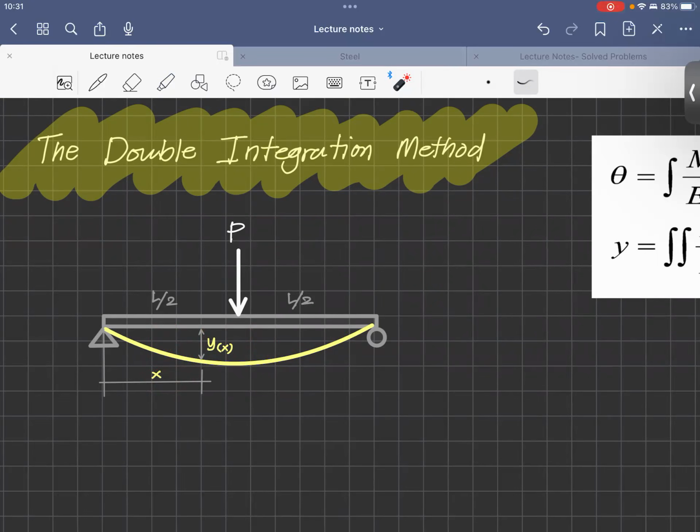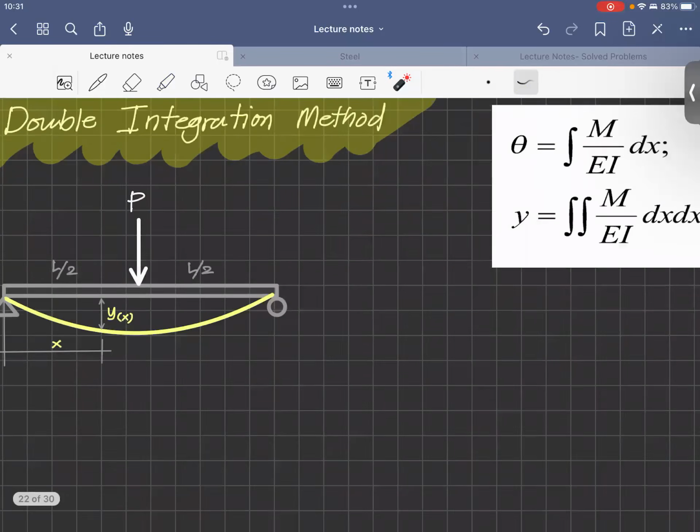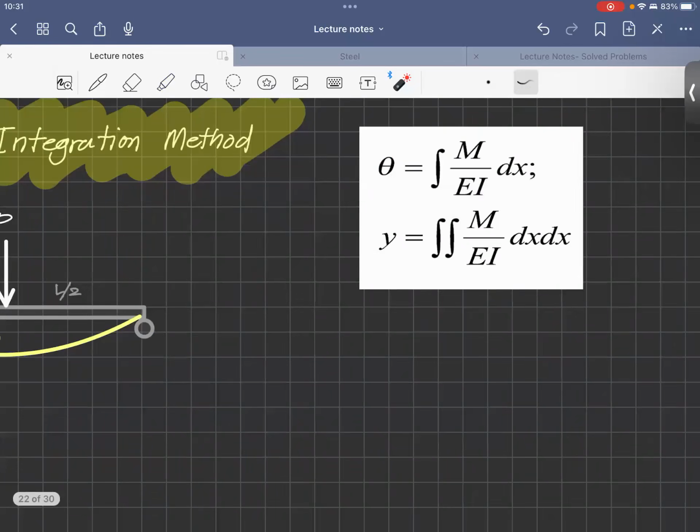For example, if I want to know the deflection at the middle, all I need to do is use the distance L over 2 in the equation that we will derive later on. But again, to start, let's have this figure. Now I'm going to derive this equation, theta, for the slope and then the deflection.